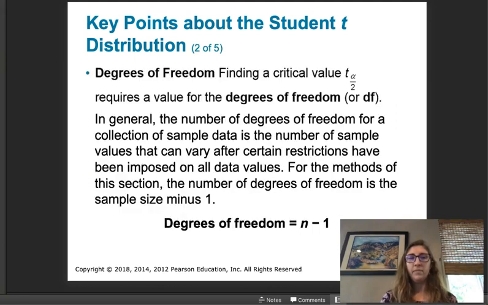Again, degrees of freedom is one number less than your sample size, and this is what we are using to help find our critical T value. And the critical T value, when we draw our distribution, is still in the same place, off to the right here, separating this alpha divided by 2 area.